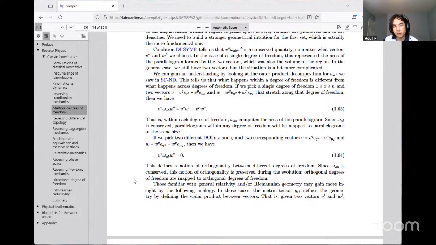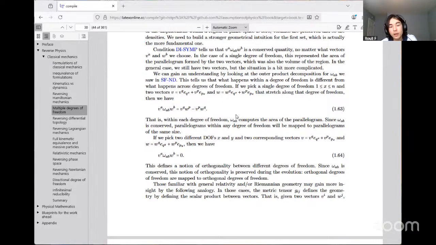If you pick a single degree of freedom, x between 1 and n, and two vectors V and W that stretch along the degree of freedom, with components in the position and the conjugate momentum, then we have VA omega AB WB equal to just V_Q W_P minus V_P W_Q.